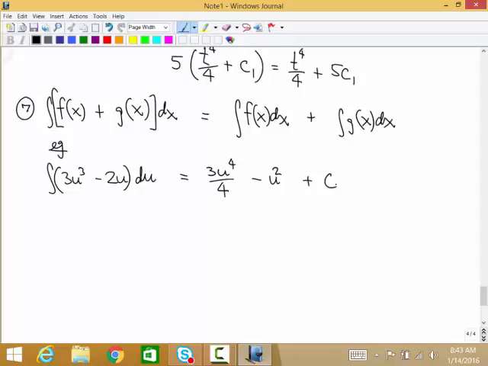And again, you can think of there being an arbitrary constant that comes from the left one, call that C1, an arbitrary constant that comes from the right one, C2. Add those two together, you get an arbitrary constant that we'll call C.